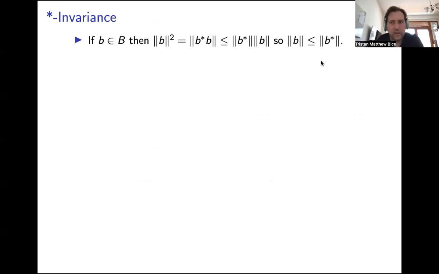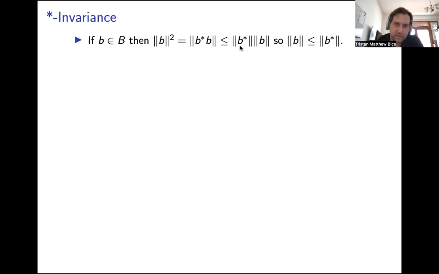Okay. So the first thing to note actually is that within a fiber of your bundle here, your Fell bundle, the norm is also star invariant. This is essentially the same argument you would use as if you had a C star algebra, right? So what you do is you say that the norm of B squared is equal to the norm of B star B. This is one of the axioms of the Fell bundle, that the C star condition must be satisfied.